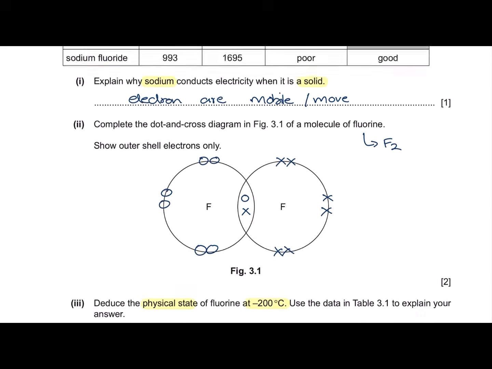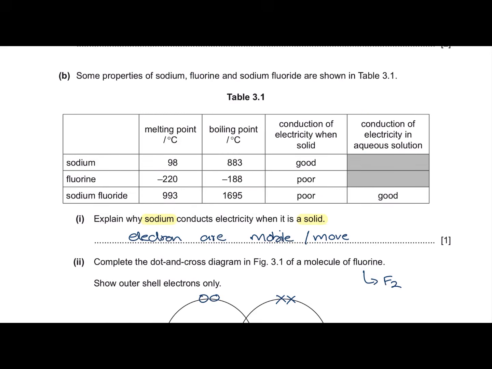Okay, so let's look at fluorine. So the melting point is negative 220 and the boiling point is negative 188. So melting point basically means when it is converted from liquid to solid, and the boiling point means it's converted from liquid to gas, right?